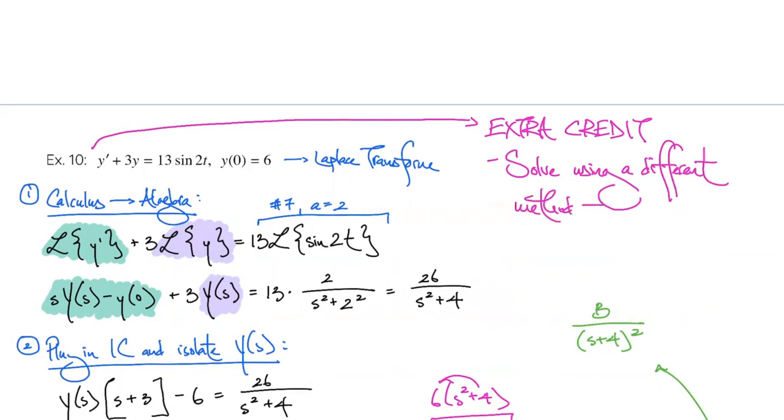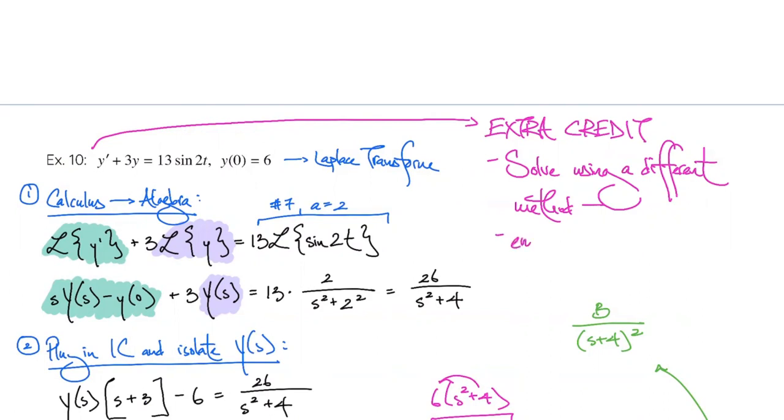I'd like you to solve this using a different method. You can go back in your notes and think about all the ways that we've seen to solve a non-homogeneous differential equation. This one is a first order, so that revisits the earlier parts in our summer session, maybe somewhere around weeks 1 and 2. If you want to, you have the opportunity to solve using a different method.